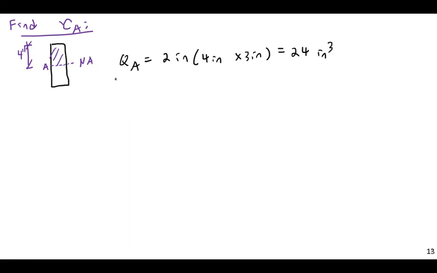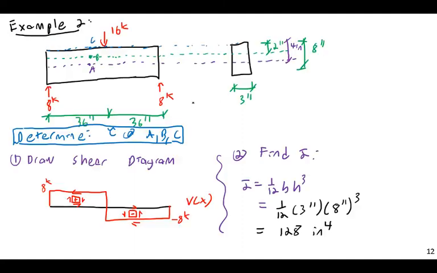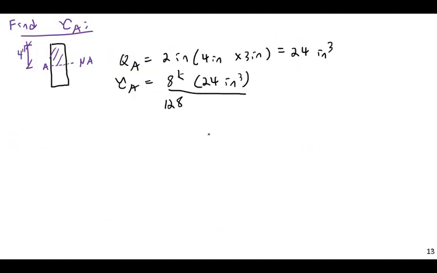And then tau A is going to be 8 kips times 24 inches to the third, all over 128 inches to the third. No, actually 128 inches to the fourth. Sorry about that. That's 128 inches to the fourth times 3 inches equals 0.5 KSI. So that is the shear stress at the neutral axis.